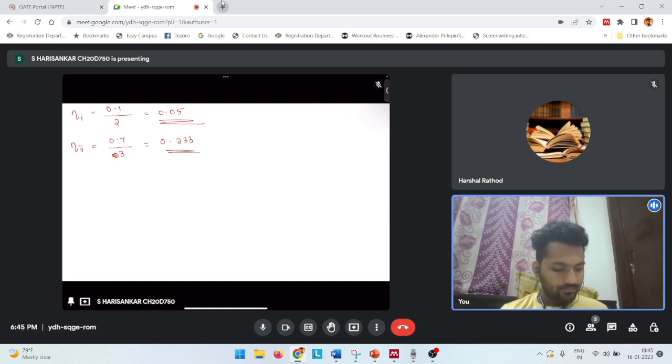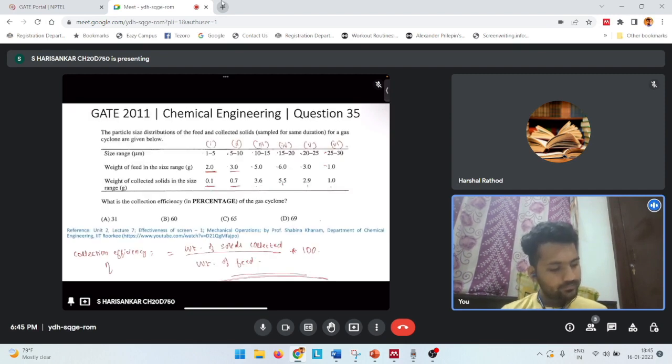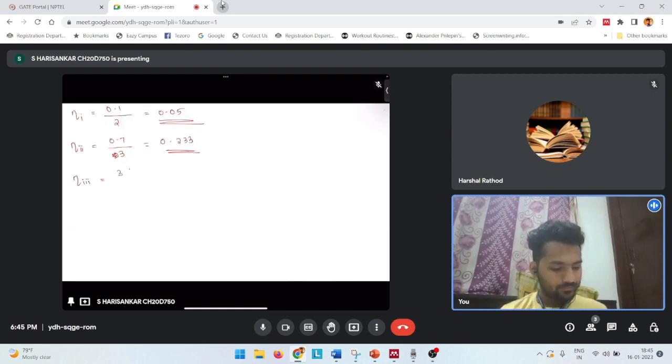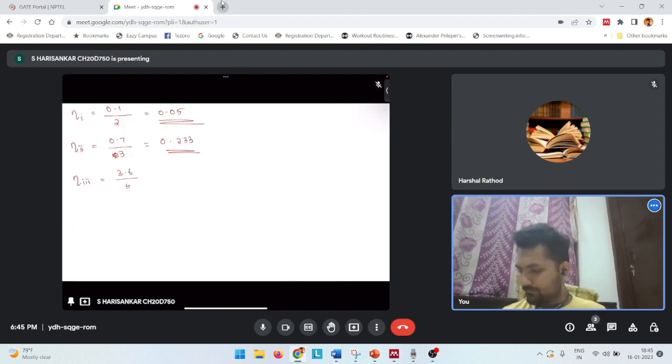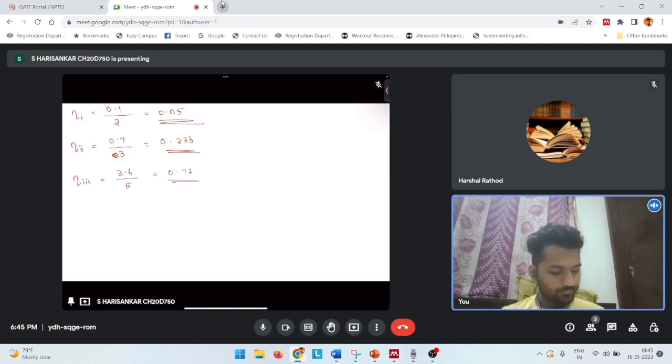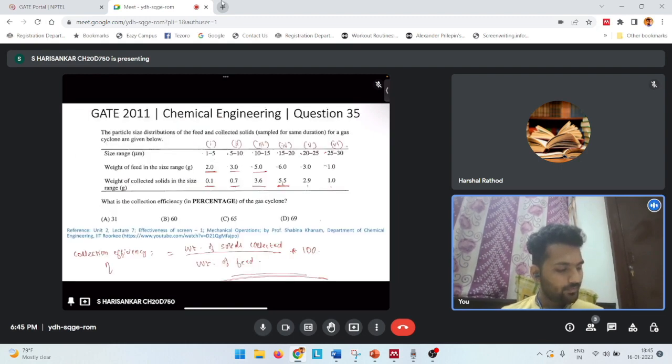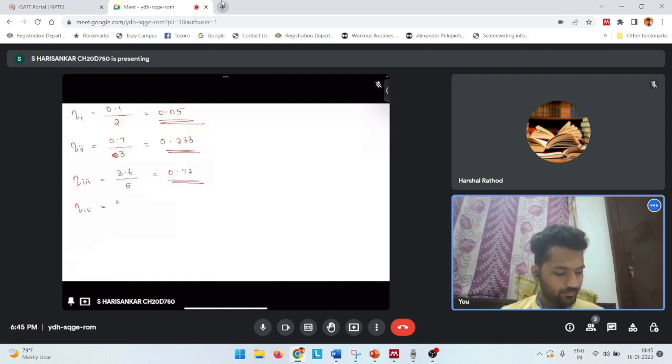The efficiency in the size range 3 will be equal to 3.6 divided by 5, and that will be equal to 0.72. Efficiency in the range 4 will be 5.5 divided by 6, and that will be equal to 0.917.